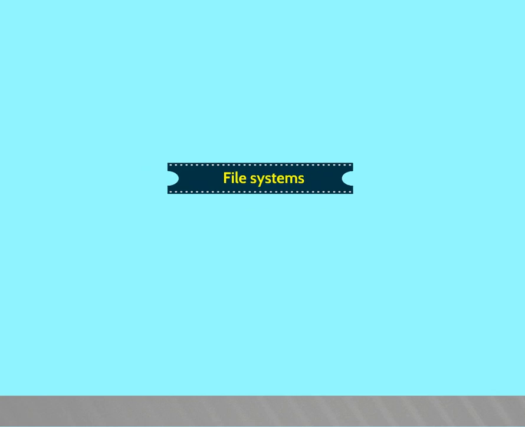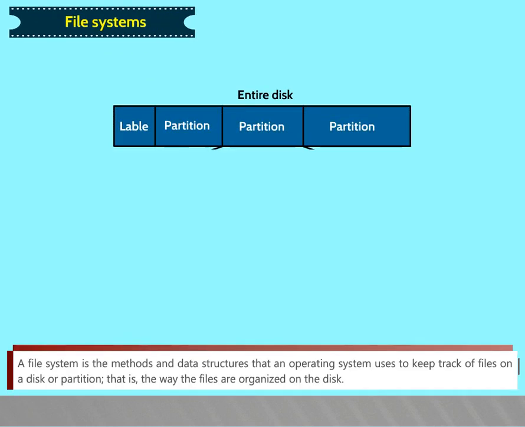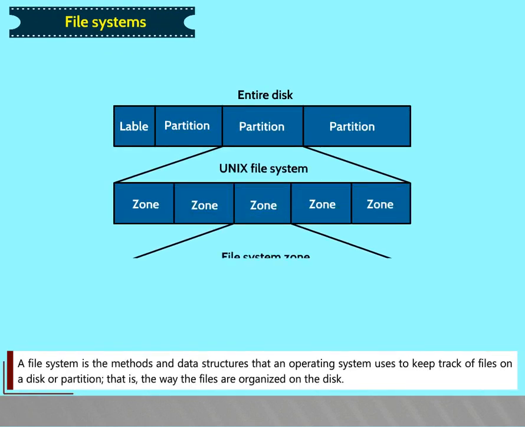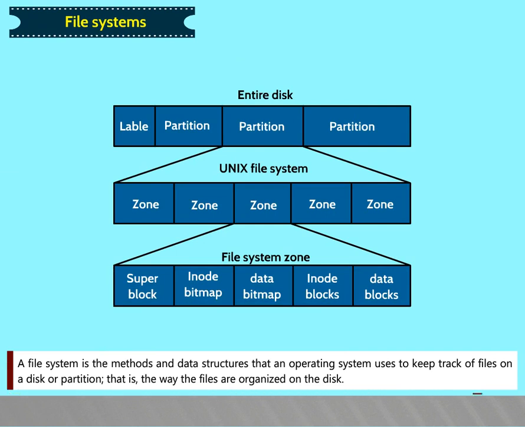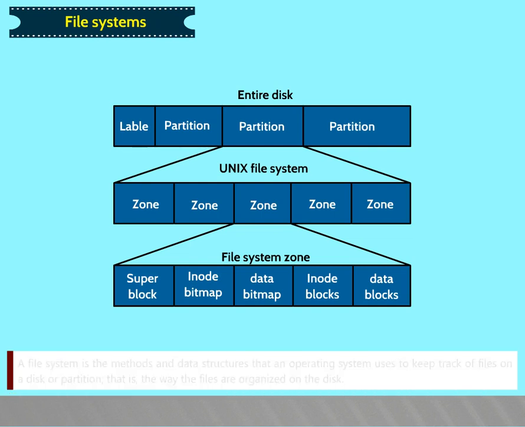File systems. A file system is the methods and data structures that an operating system uses to keep track of files on a disk or partition. That is, the way the files are organized on the disk.